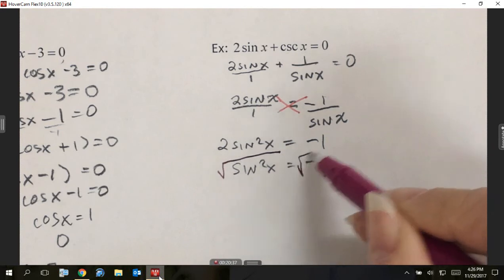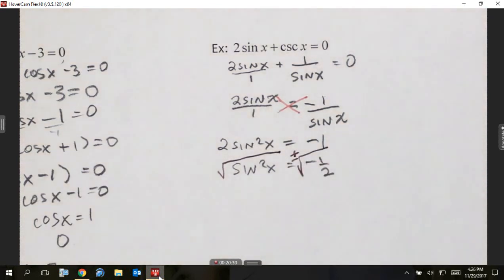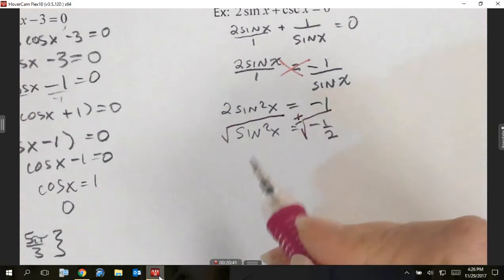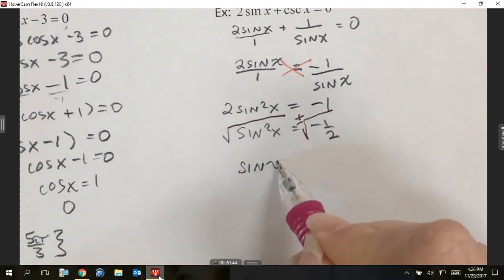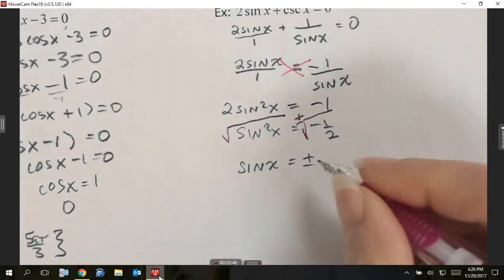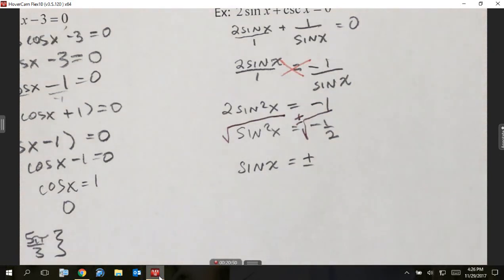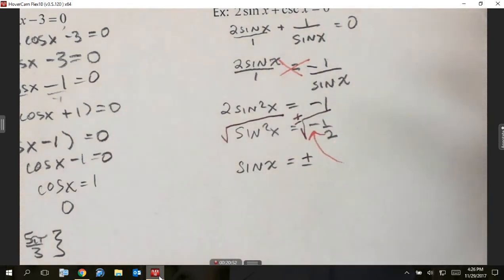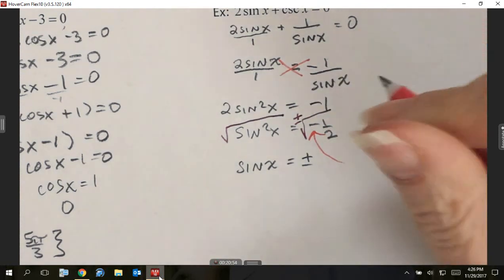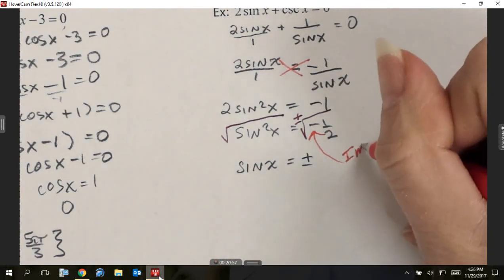But if I square root, I gotta put the plus minus. So I get sine x equals plus minus, and I'm gonna have, oh no, what is this? A negative under a radical. Well, that's not a real answer.